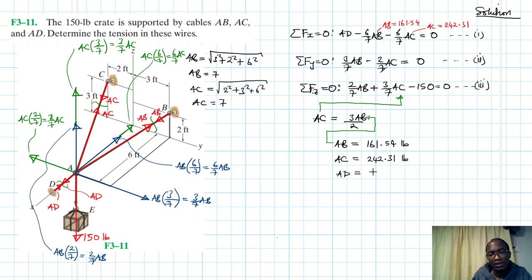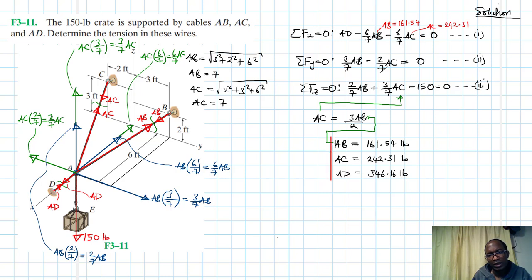So this gives us 346.16 pounds. So we have 6/7 times 161.54 and 6/7 times 242.31. So 346.16. All right. I think this is about it.